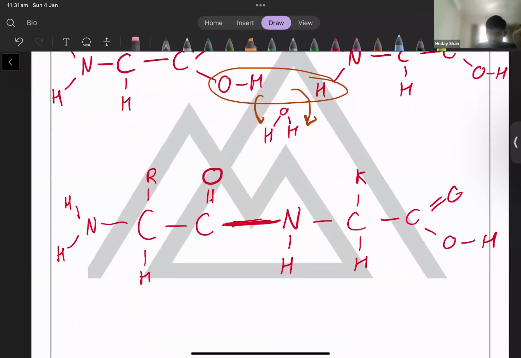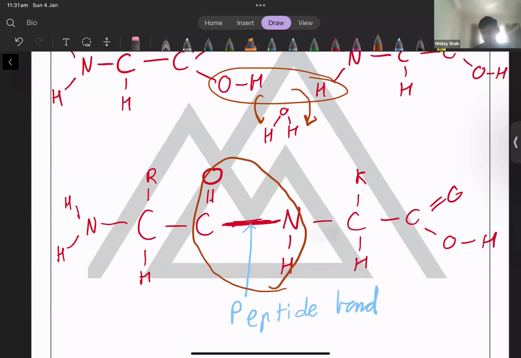Now, this bond that you have formed here is called a peptide bond. If you are asked to circle it, you'll circle it like this.